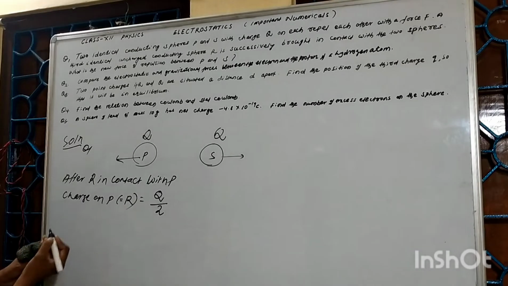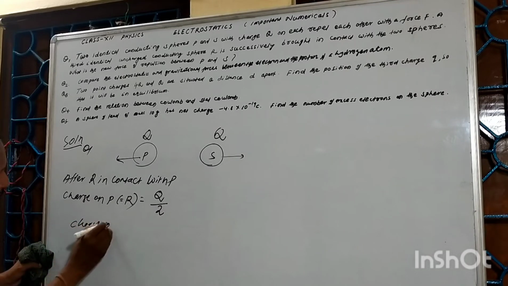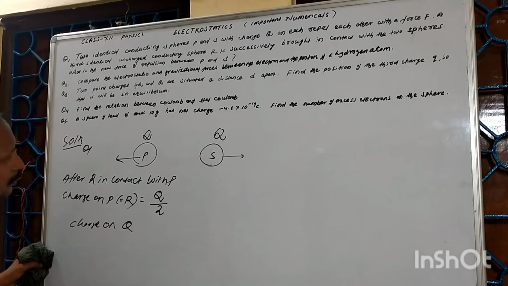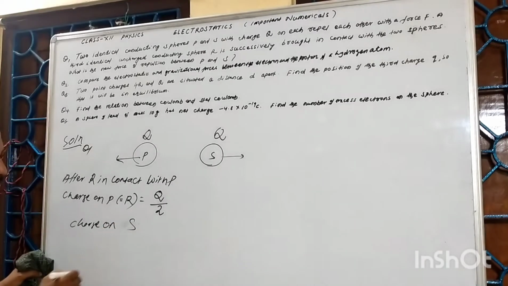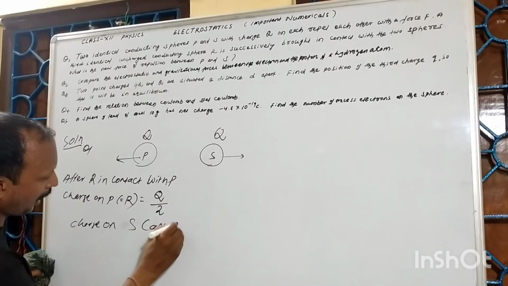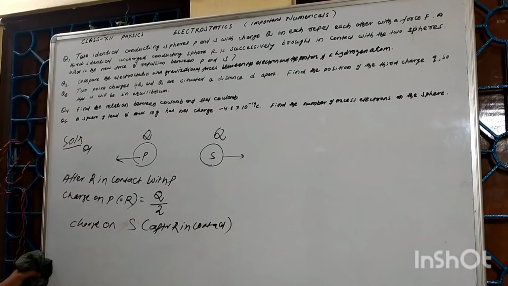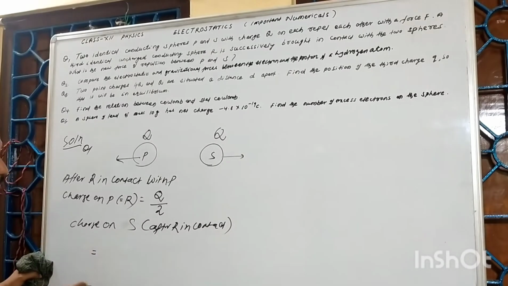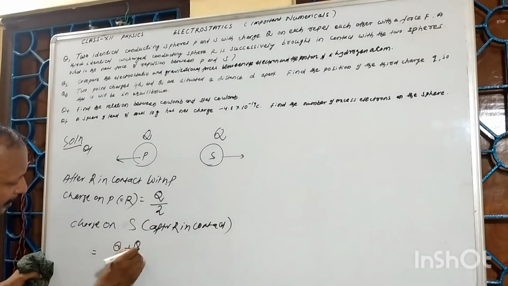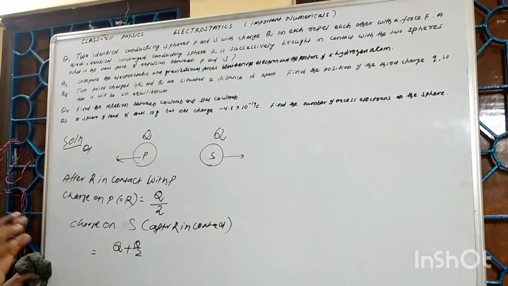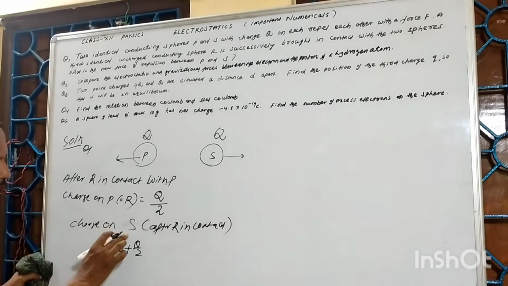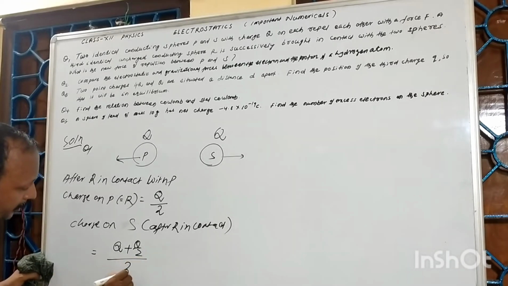Similarly, next, the charge on S after R is in contact: the charge on S is Q, and R now carries Q by 2. Now these charges will be added and divided between S and R, so it is divided by 2.